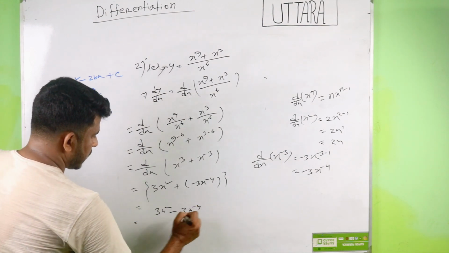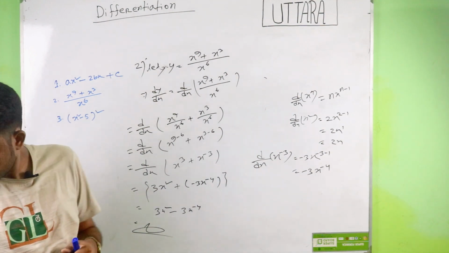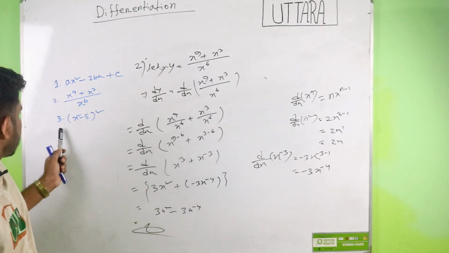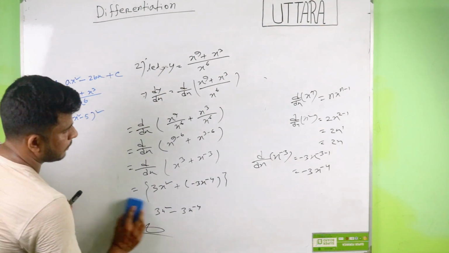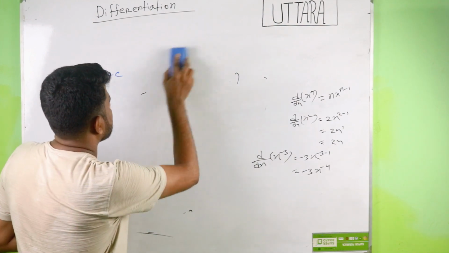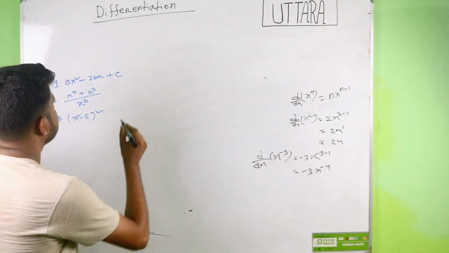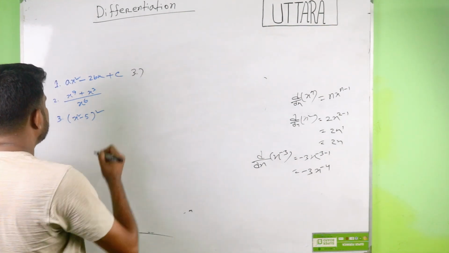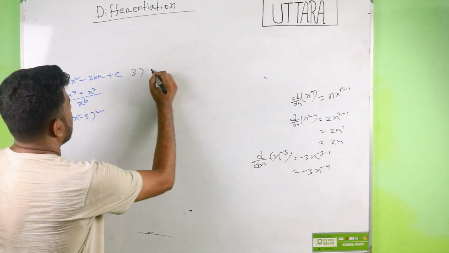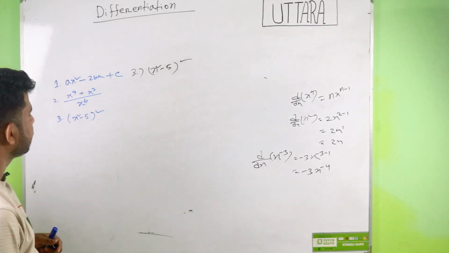So this is the answer. And next, number 3. Question number 3 is x square minus 5, whole power 2.